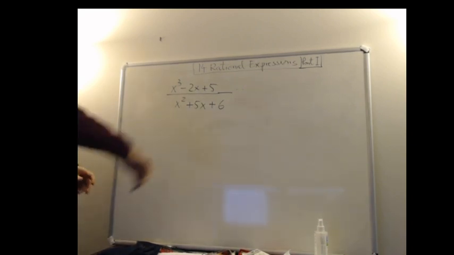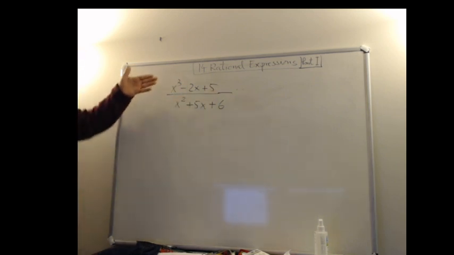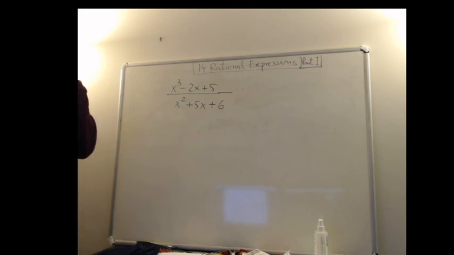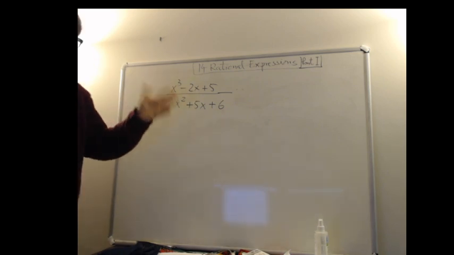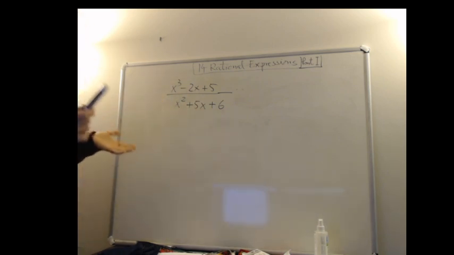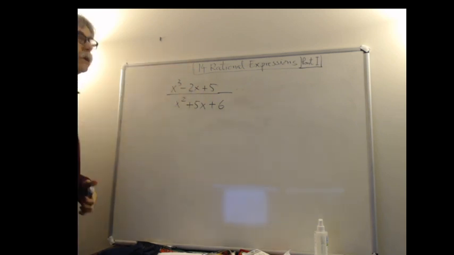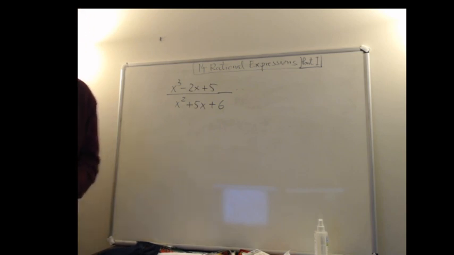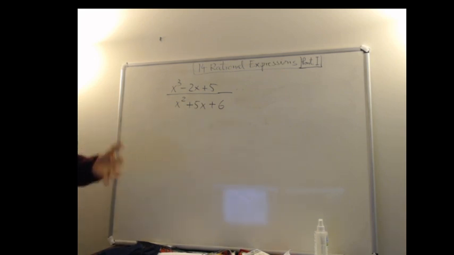So you have a polynomial on the top. This is a third degree polynomial. You have a cube here. On the bottom you have a polynomial which is second degree, or quadratic polynomial. We sometimes say a second degree polynomial, a trinomial, right? And so trinomial on the top, trinomial on the bottom. And this is a rational expression. This is definitely something new. We didn't have that as a polynomial. This is not a polynomial.